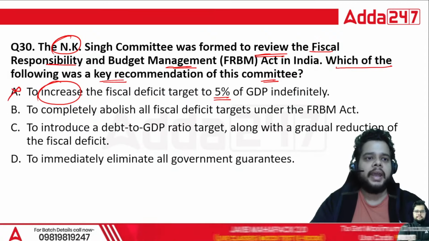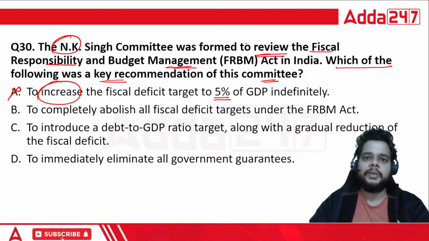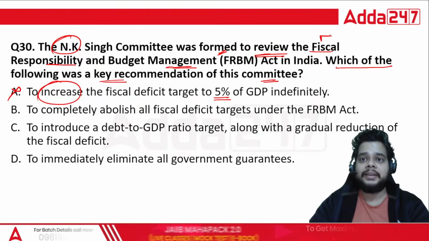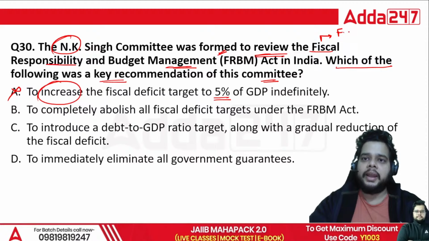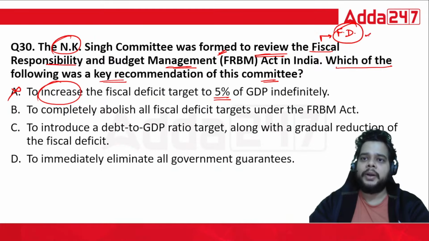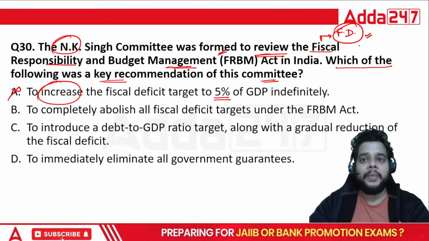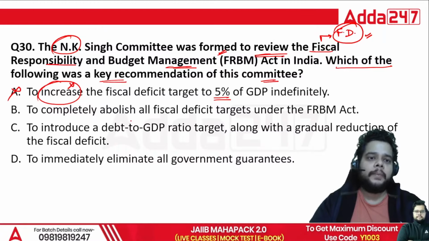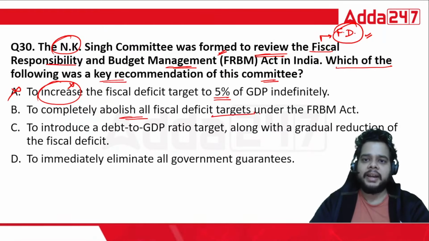Answer is no. The committee was just to review the progress made by the FRBM Act, and the FRBM Act stipulated one direct aim for the central government: to maintain a limited fiscal deficit, to reduce the fiscal deficit, not to increase it in any form.